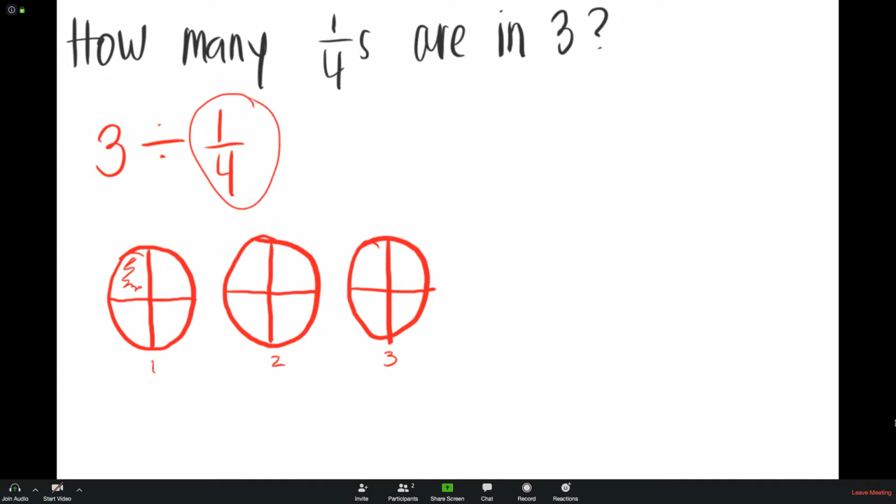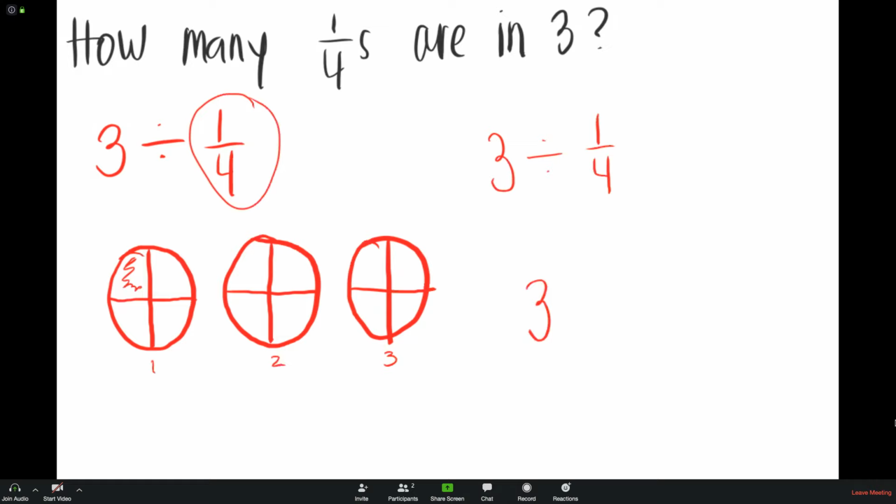What it's asking is how many of these are there in 1, 2, 3? So obviously you can count and figure it out that way, but solving the problem by doing KFC is also a way that you can figure out the answer. So KFC: K, keep our first term, in this case it's 3.